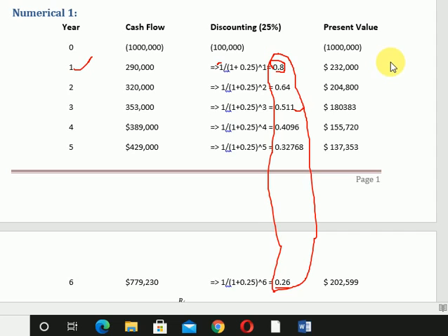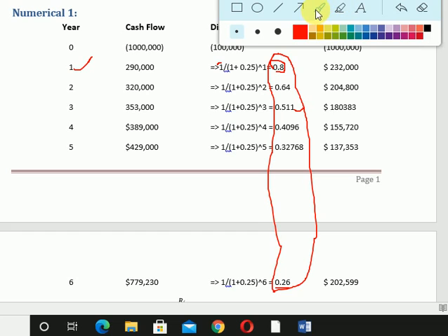Look at the formula of the present value: PV is equal to future value FV divided by 1 plus I raised to the power n.